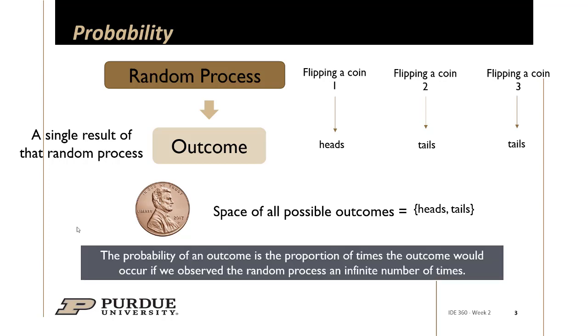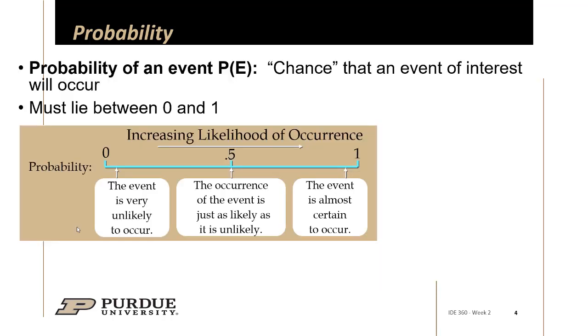The probability of an outcome is the proportion of times that outcome will occur if we observe the random process an infinite number of times, in theory. But in practical life, we cannot observe a random process an infinite number of times. Therefore, how can we have a shortcut?